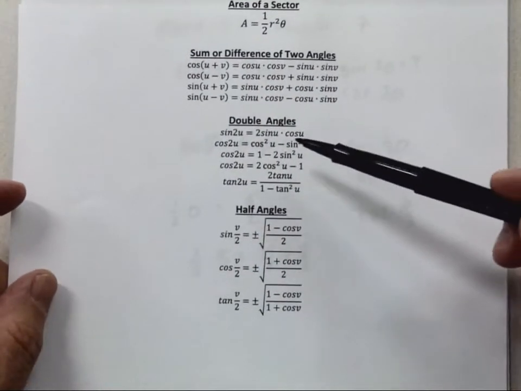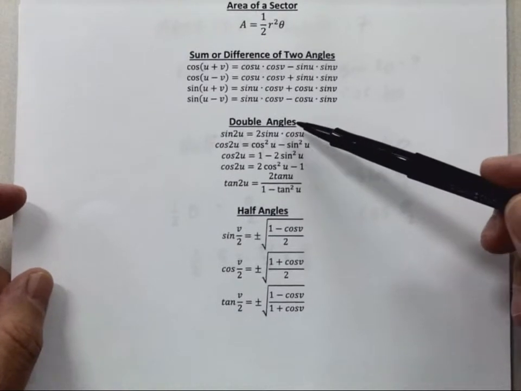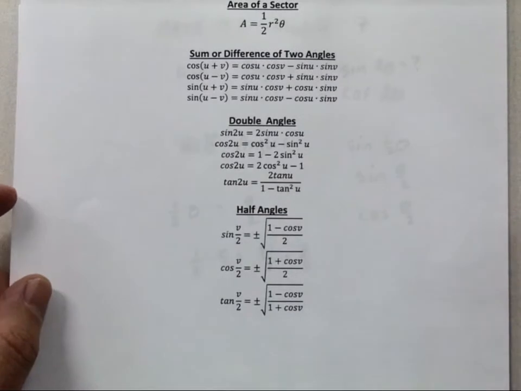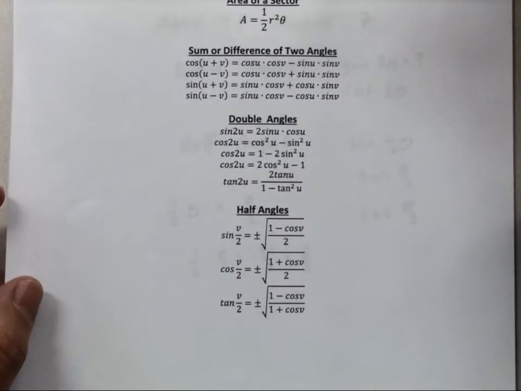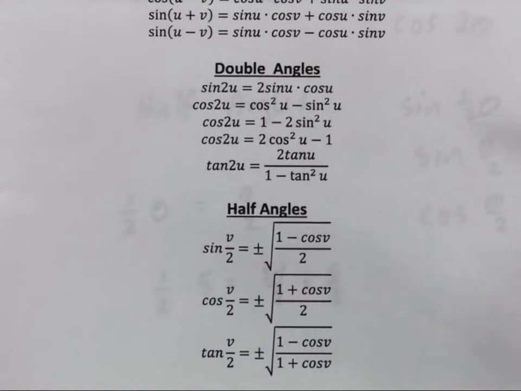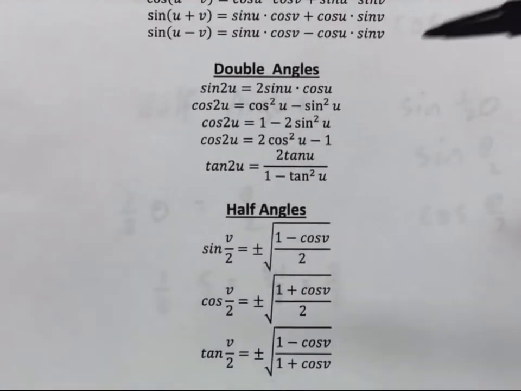If you look down here in the middle, we have a section labeled double angles. And actually, so we can see this a little bit better. Now here, for the angle, I normally use theta, but they use u.